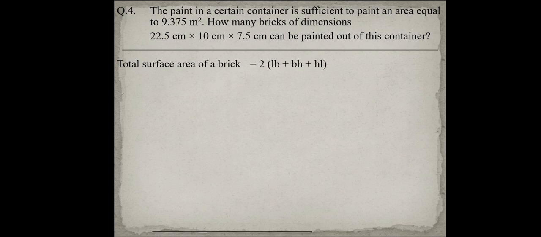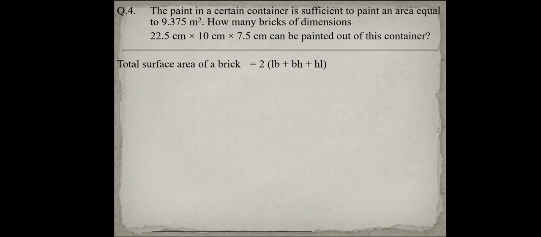See, we need the total surface area of the brick, which is cuboidal in shape, because length, breadth and height are different. As you see, the bricks are in the shape of a cuboid, so we need to paint that brick. Now how many bricks can be painted by the paint in this container?